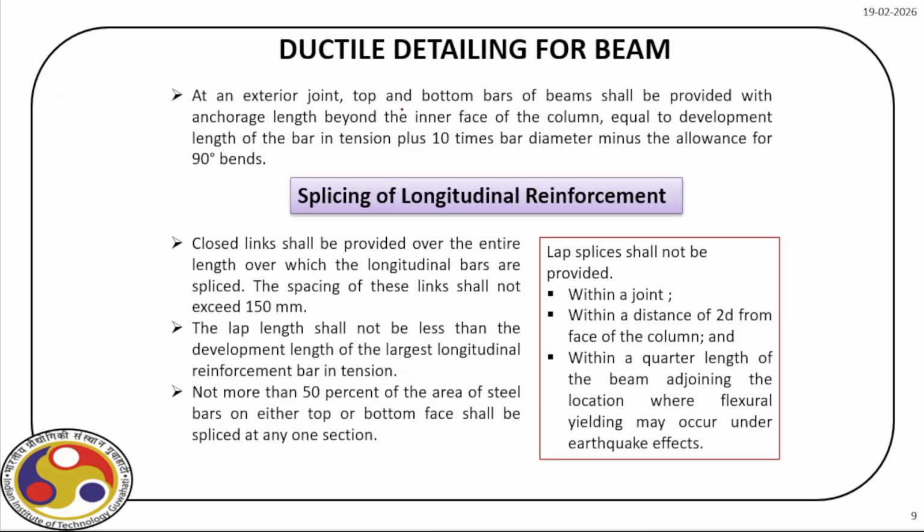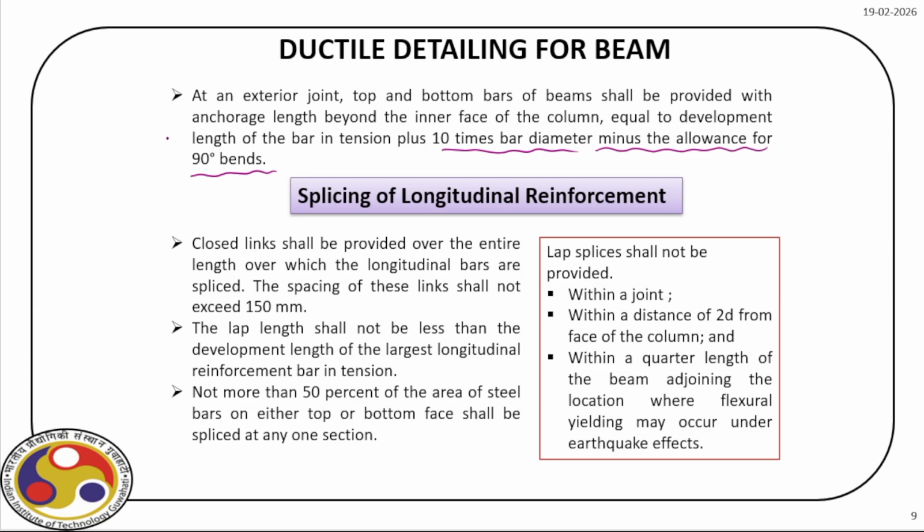At the exterior joint, top and bottom bars of the beam shall be provided with anchorage length beyond the inner face of the column equal to the development length of the bar in tension plus 10 times the bar diameter, minus the allowance for 90-degree bends. Again, it is the same point I have already discussed.